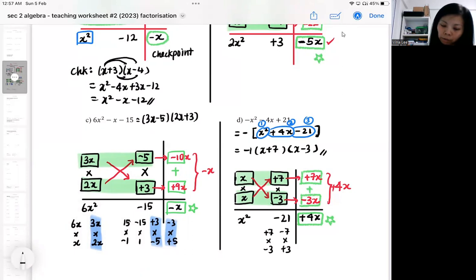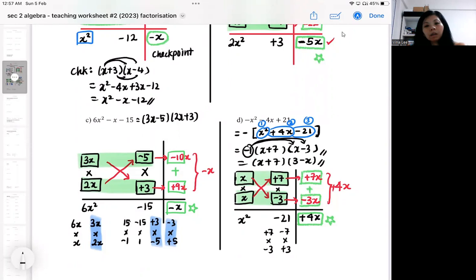Or if you want to multiply in the negative, for this one, I'll multiply into the second bracket. Because if I multiply into the second bracket, I'll get 3 minus x. The negative one can only be multiplied to one of the brackets. You choose which bracket you want to multiply.